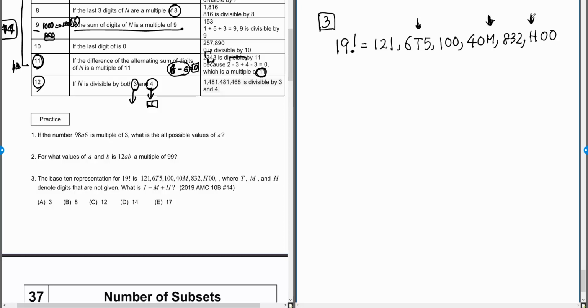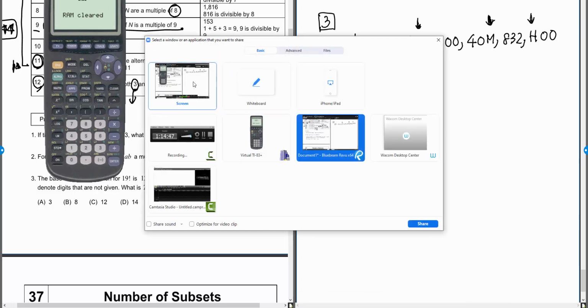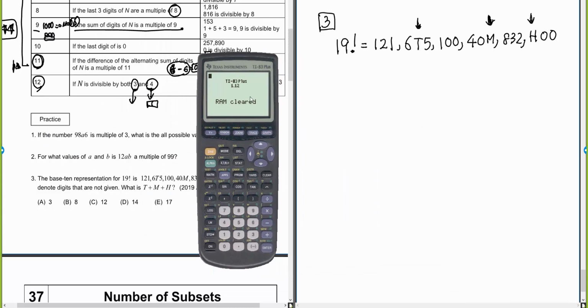So if you use a calculator, we can find the 3 numbers. Let me see. I have a calculator. We are 19 factorial. 19. Where is factorial? Oh, no. 19. We're going to go math.